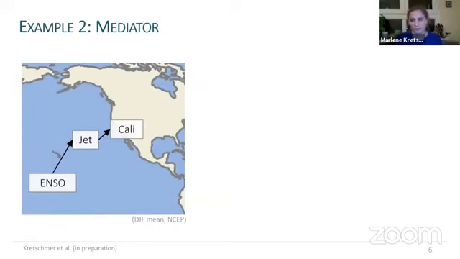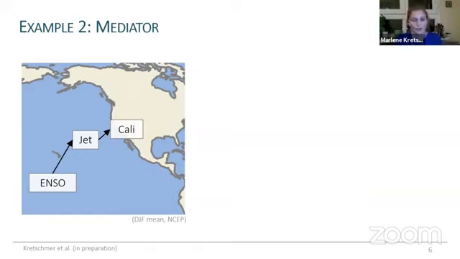This is another example, but one in which controlling for a different process is actually harmful. This network summarizes a large body of literature on how ENSO affects precipitation in California in winter via the jet stream.